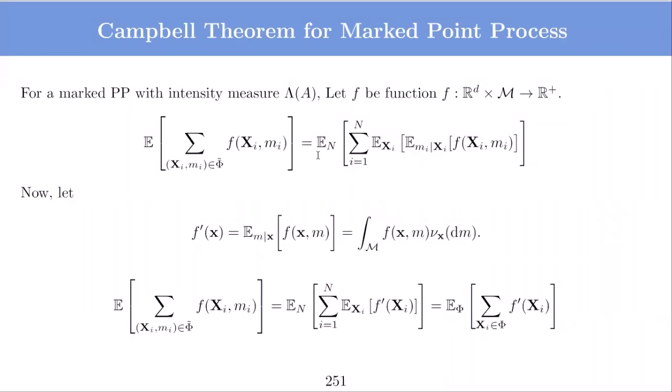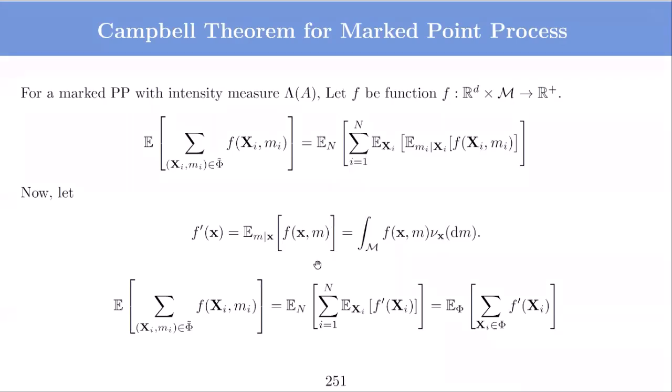So it is E over n, and then given n, the summation is outside, and for the rest of the term we have expectation with respect to phi, that I can write as expectation with respect to xi, and then the below term is expectation with respect to mi given xi. So this has two randomness, xi and mi. Once I condition on xi, the rest is expectation over mi given xi. So I applied the conditional probability law three times here.